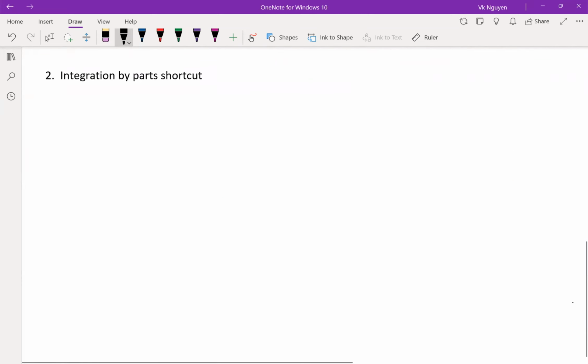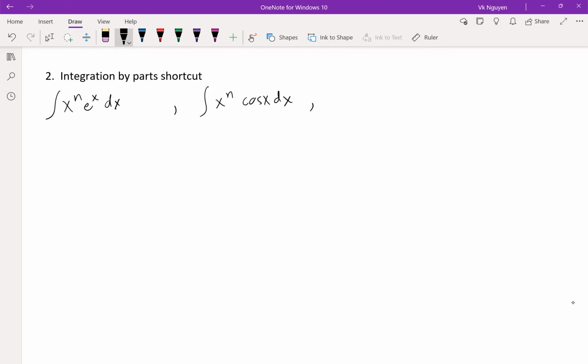Let's take a look at a few shortcuts. There are some integrations where we can use a shortcut, those having this form: the integral of x^n e^x dx, the integral of x^n cosine x dx, the integral of x^n sine x dx.